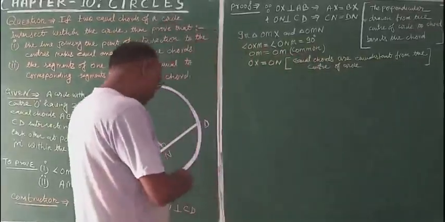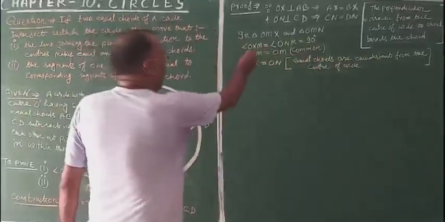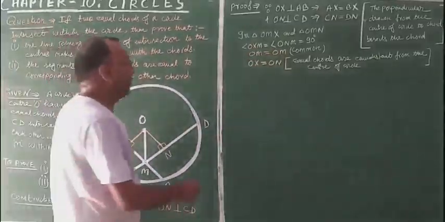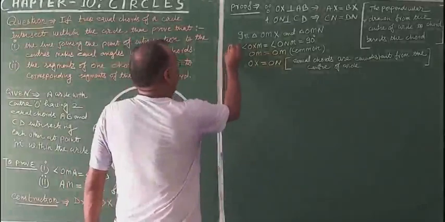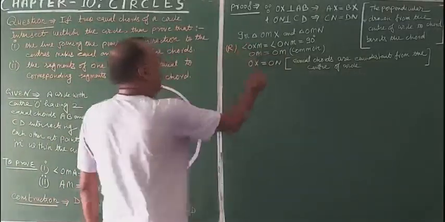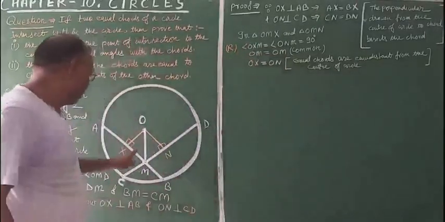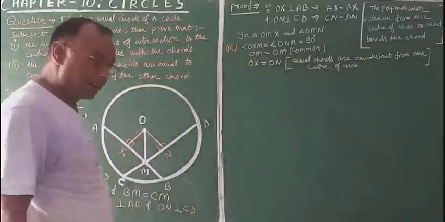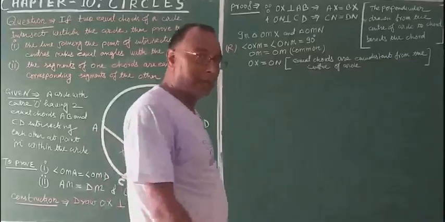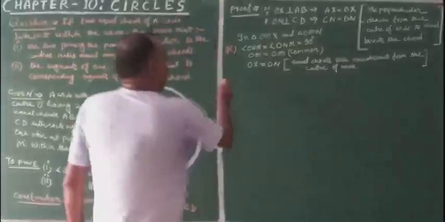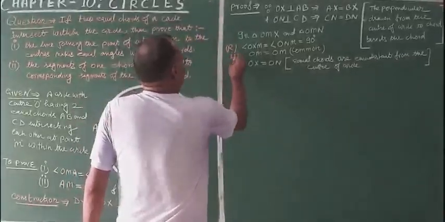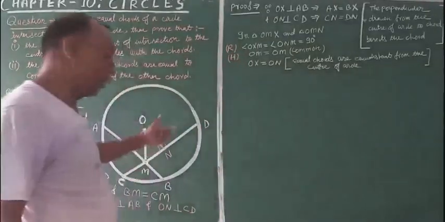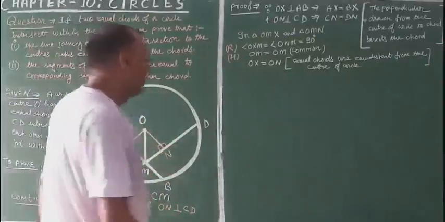So now just look here. This angle OXM and ONM, that is 90 degrees, means right angle. OM is the side opposite to the 90 degree angle, and the side opposite to 90 degrees is known as hypotenuse. So OM is the hypotenuse. And OX and ON are the equal sides.